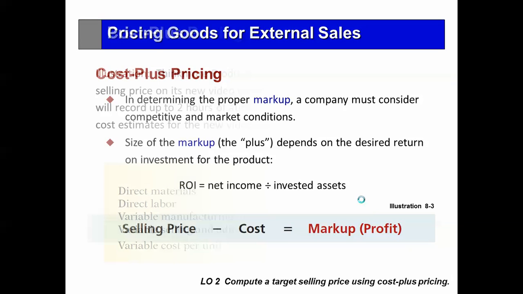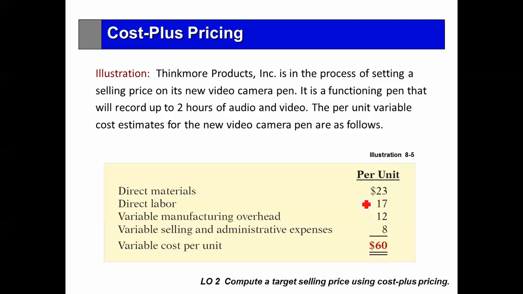As an example, ThinkMore is in the process of setting a selling price for its new video camera pen. It's a functioning pen that will record up to 2 hours of audio and video. The per unit variable cost estimates for the camera are this: direct material, $23, direct labor, variable overhead, variable selling and admin, total variable cost $60. All right.